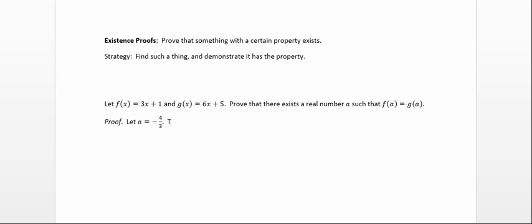Right? So then f of a equals 3 times -4/3 plus 1. Oops, sorry, typo. That 2 was supposed to be a 3, right? So I can see that that'll equal -4 plus 1, so -3.